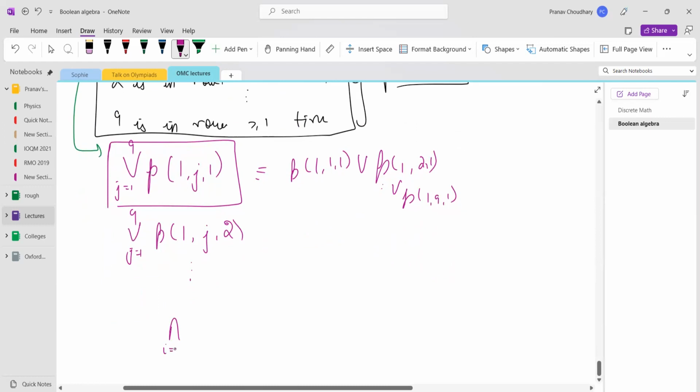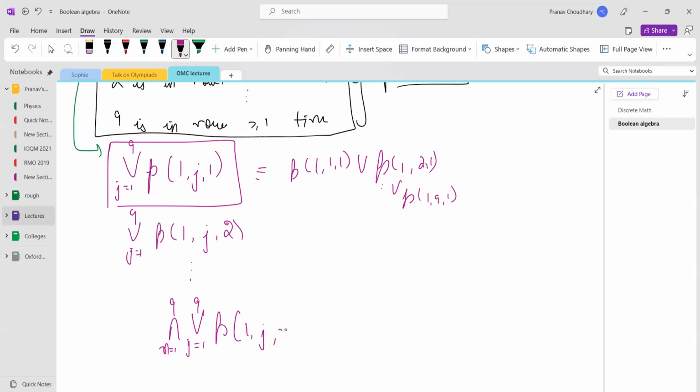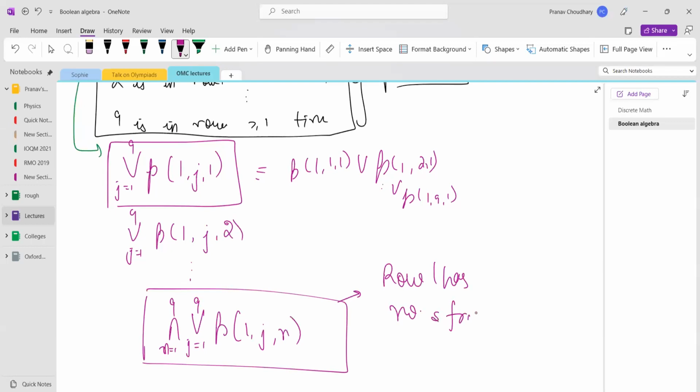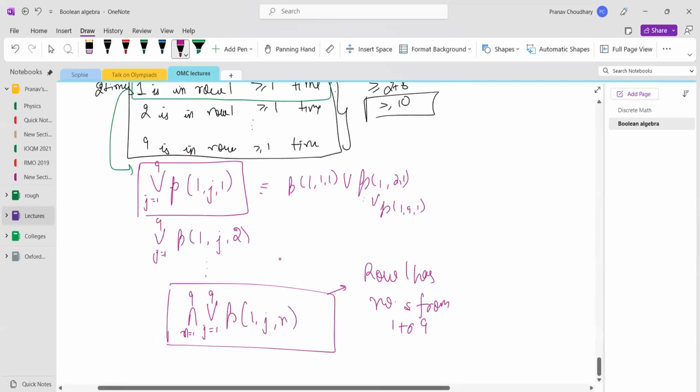So we can just consider the AND over n from 1 to 9 of the OR over j from 1 to 9 of P1 comma j comma n. Is this clear? That this will ensure that row 1 has all the numbers from 1 to 9. If this is true, then row 1 has numbers from 1 to 9.